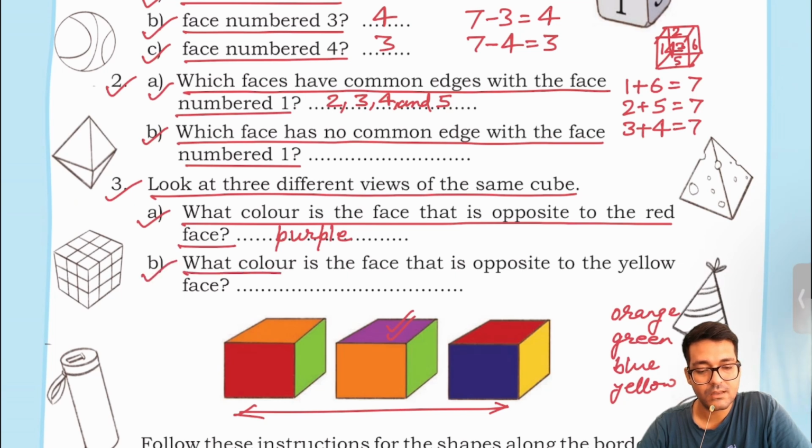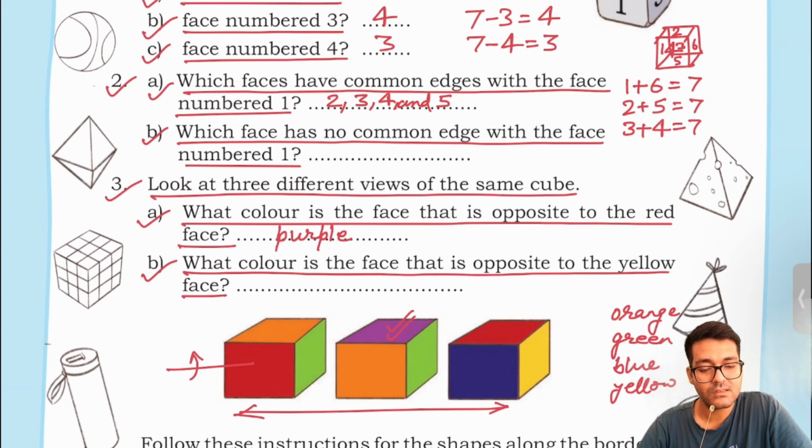B. What color is the face that is opposite to the yellow face? If you turn the first view of the cube such that red face comes to the top and fits the last view, you will need to rotate the cube like this.